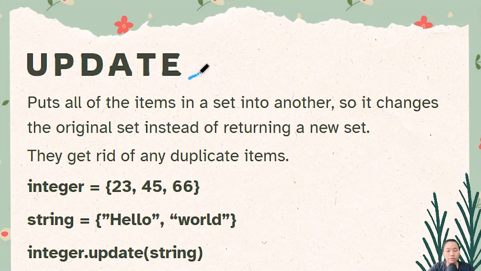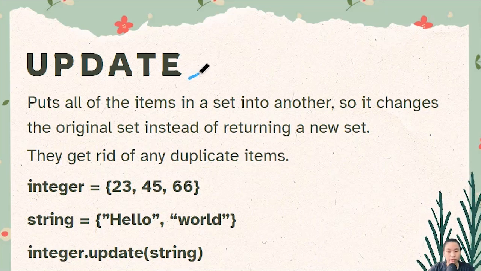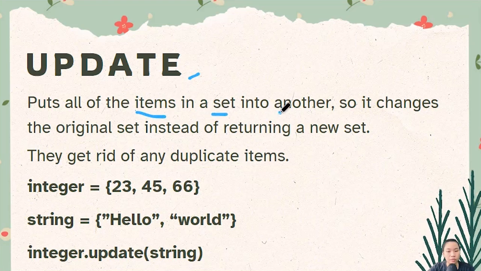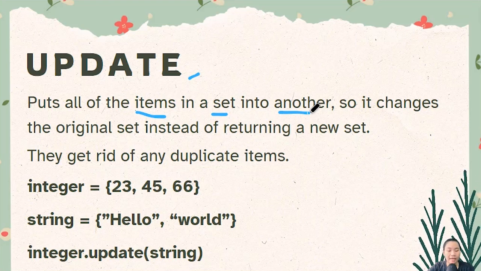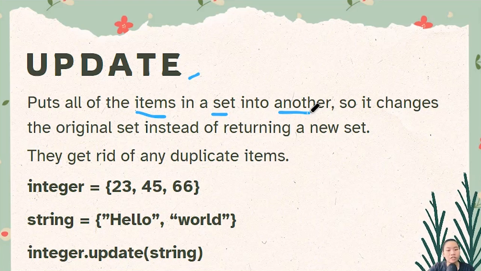Now, first with update, this is the first time we've learned about this. Update puts all of the items in a set into another set. So what it does is that it changes the original set instead of having a newer copy of that set and then changing the copy instead, okay?